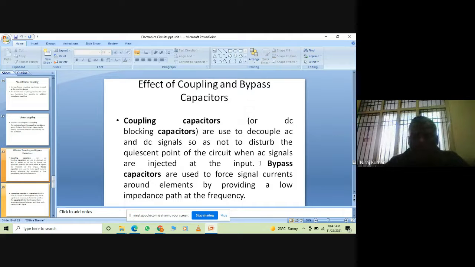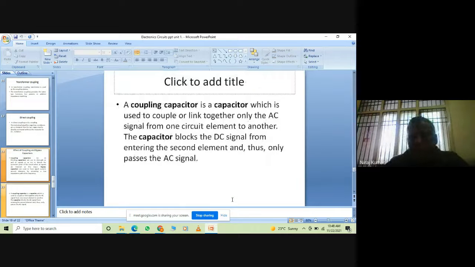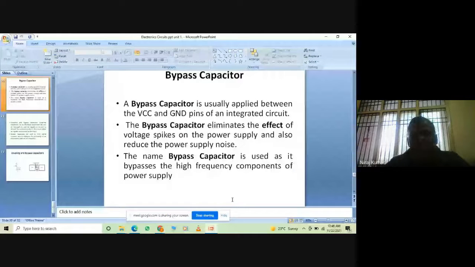Bypass capacitors are used to force signal currents around an element by providing a low impedance path at the frequency. Bypass capacitors are usually applied with the DC ground pins of ICs, the integrated circuits.